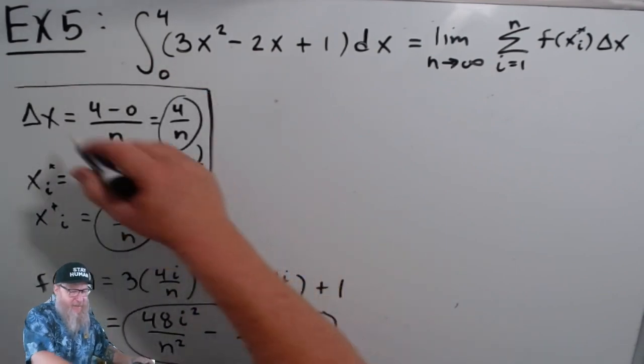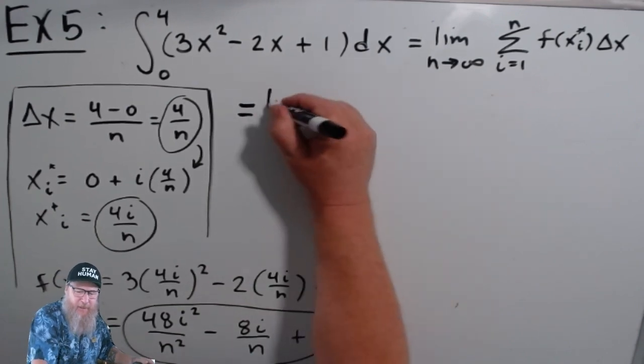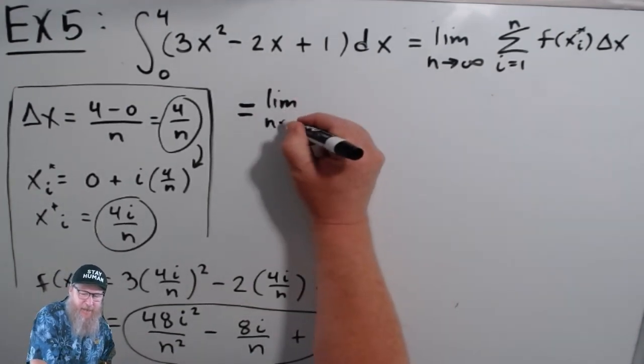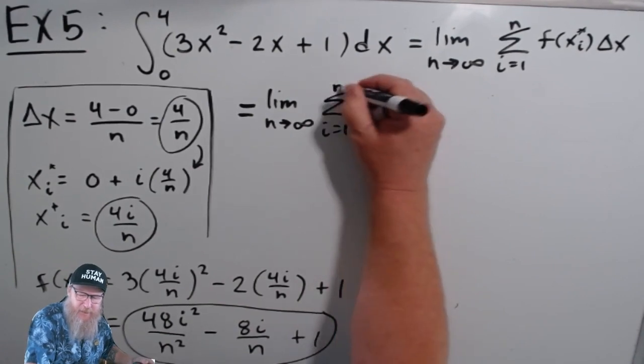I'll leave this here for a minute and then it's going to have to go. So we'll go the limit as n goes to infinity of the sum from i equals 1 to n.